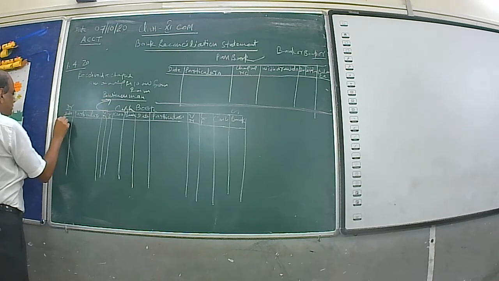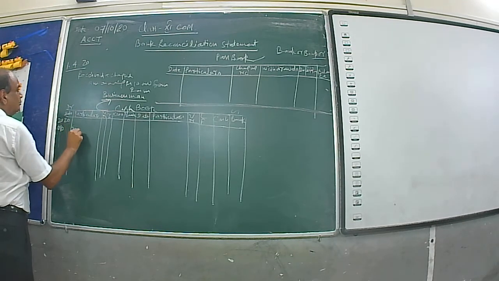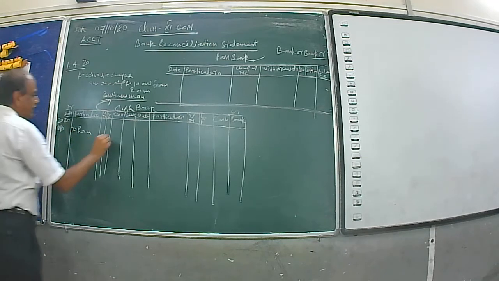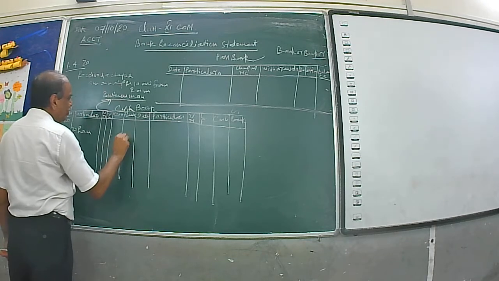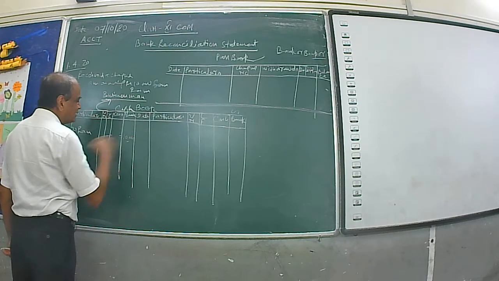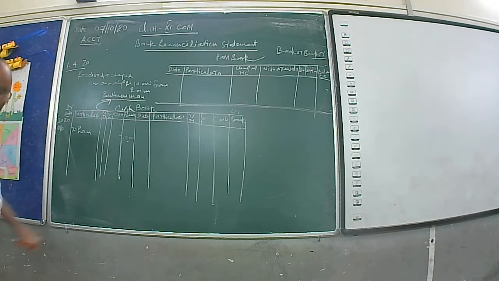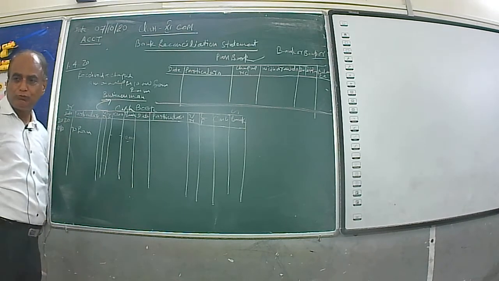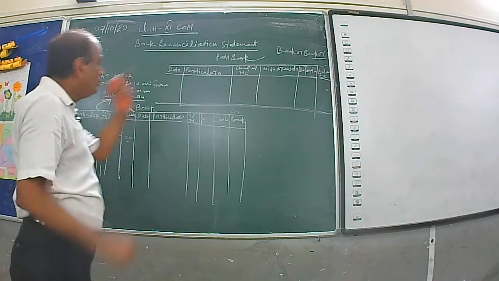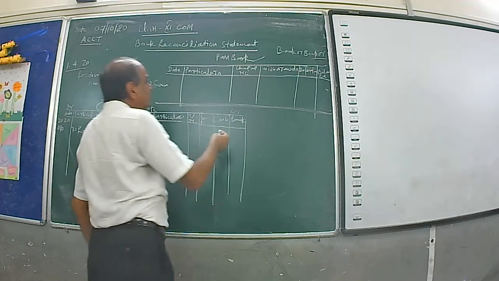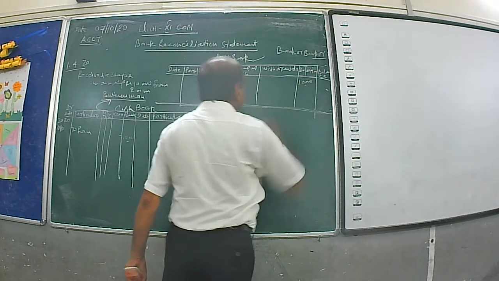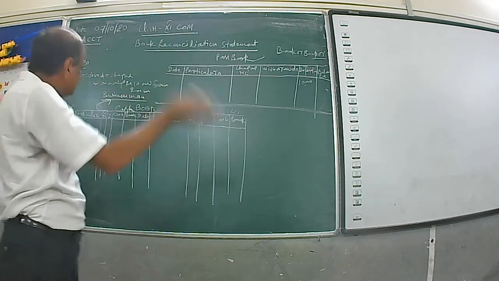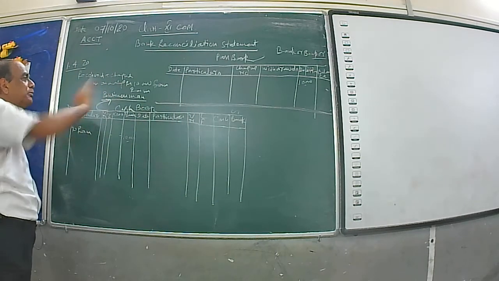So you will make the posting 2020 April 1 to Ram, and it will be recorded in bank column. If the check is deposited into the bank on the same day, you will make the recording in bank column of cash book 10,000. And if you have sent the check to bank for deposit, then it will be recorded in passbook in deposit column. So these transactions will be made in both.